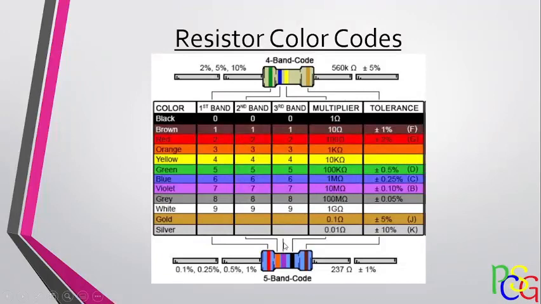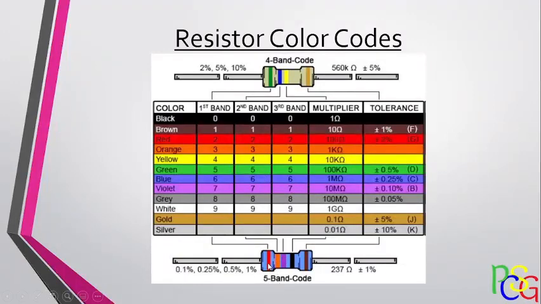When you get down to the 5 band resistor, the first 3 bands will determine the numbers. So we have red, which is 2, orange, which is 3, and purple, which is 7.